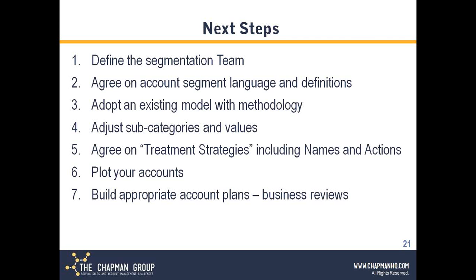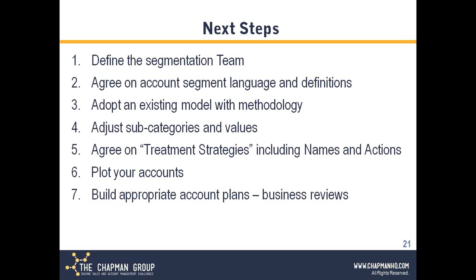You then want to, the next step in the process is to make sure you're in agreement on the treatment strategies as they relate to the 4 quadrants. By the way, they were the names we give the quadrants. You may want to use some existing nomenclature you have in your organization or not. It's up to you. But what's critical is you drill down a little deeper and actually have some treatment strategies with names and actions.